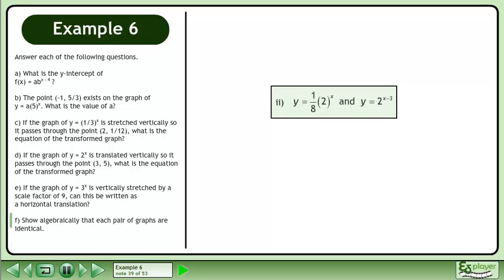In part 2, show that y equals 1 over 8 times 2 to the x and y equals 2 to the x minus 3 are equivalent. Rewrite 8 as 2 cubed. Divide the powers by subtracting the exponents. This gives us 2 to the x minus 3, which is the same as the second function.